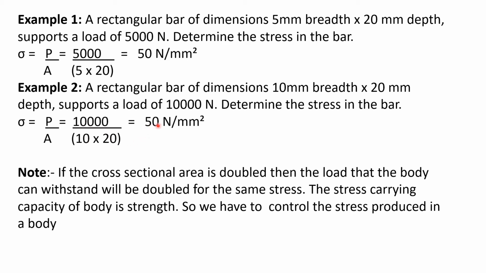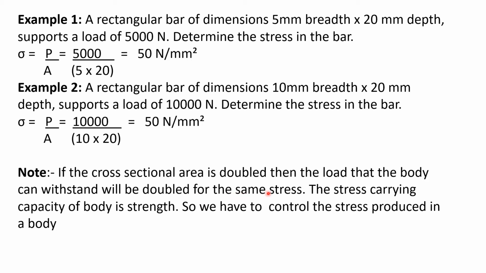So what is important here is, if I increase the area, here the area is 5 into 20, I made it double, this becomes 200, this is 100 here. Then I can double the force from 5000 to 10,000 and the stress remains the same. So if the cross-sectional area is doubled, then the load that the body can withstand will be doubled for the same stress.